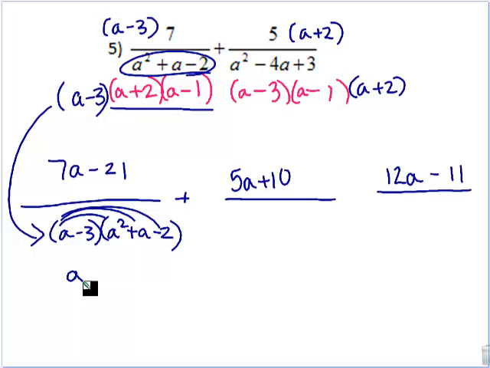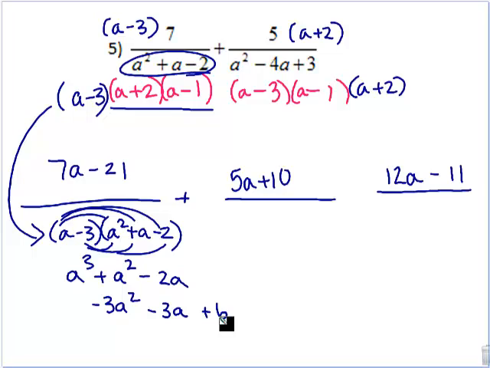A to the third plus a squared minus 2a. Then what should I distribute to each of the terms? The negative 3. Okay, so negative 3 to a squared is a negative 3a squared. Negative 3 to the a is a minus 3a. And negative 3 times 2 is a plus 6.